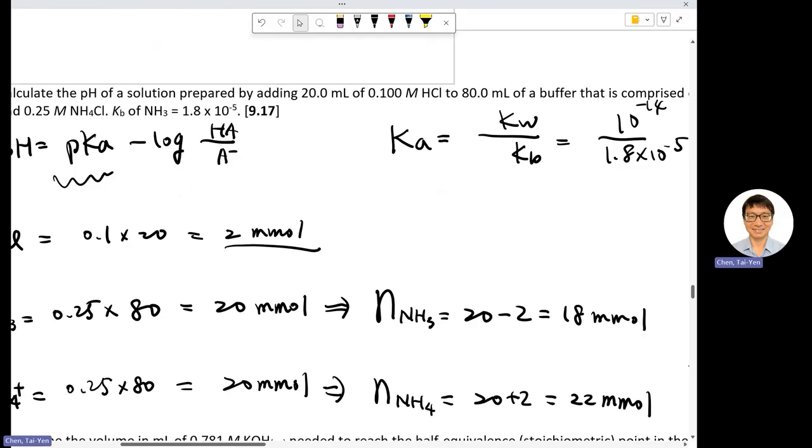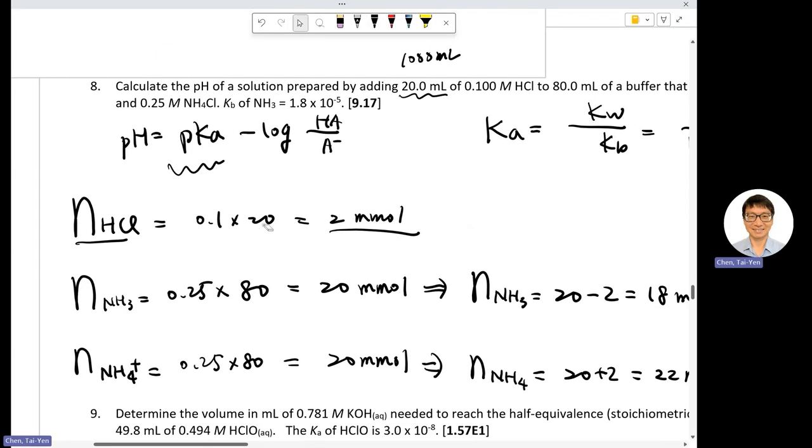Let's say here we have 20 ml, right? Let's say we have 1 liter, 1,000 ml. So now you have 1,000 ml of HCl going into the buffer. If that is the case, you need to rewrite this here, replace that 20 with 1,000.